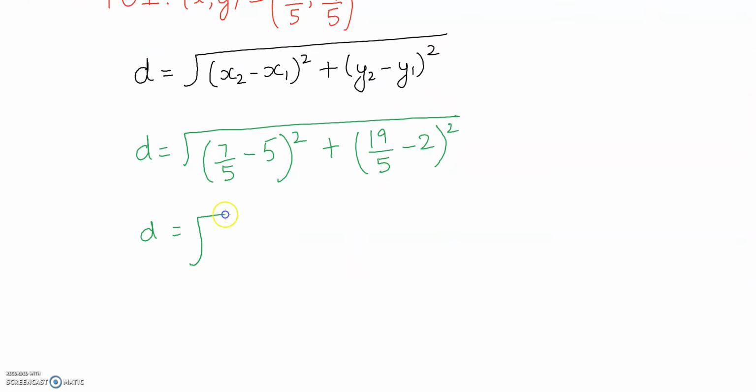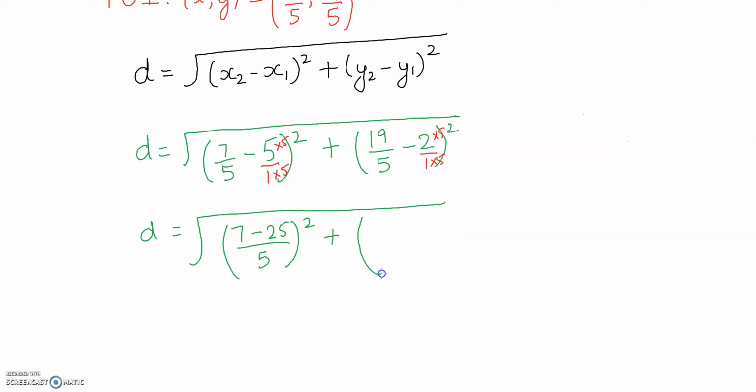Then I will take the LCM because one is a fraction, another one is a whole number. Same thing for this one. LCM is 5, so I will multiply this with 5 and 2 with 5. So it will be 7 minus 25 over 5, squared, and 19 minus 10 over 5, and then squared. Then I will subtract 7 and 25.